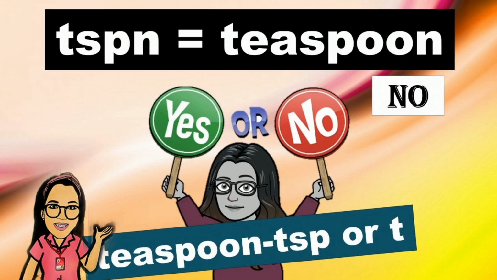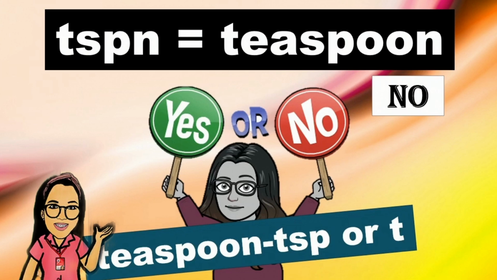O diba? Mas maganda kung kabisado natin ang abbreviations ng mga unit of measurements para mas madali natin maisulat ang mga units na ito. Sa inyong module, makikita ninyo ang iba't ibang mga tables na nagpapakita ng mga unit of conversions.